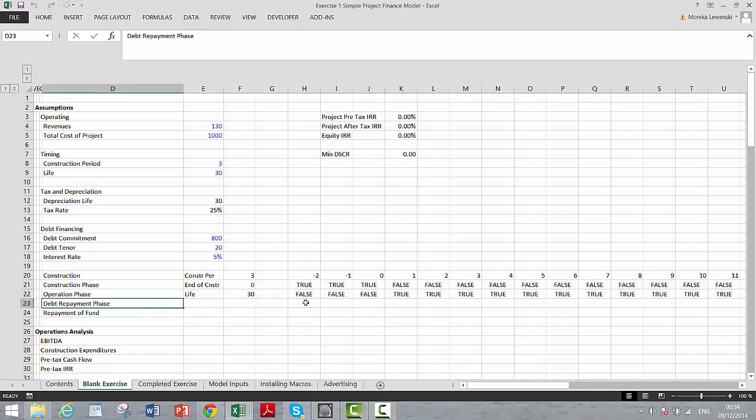That was ridiculous. Now, I think I also put a tenor. So we'll make a debt repayment phase, and this thing is greater than 0, and this thing is less than or equal to this.